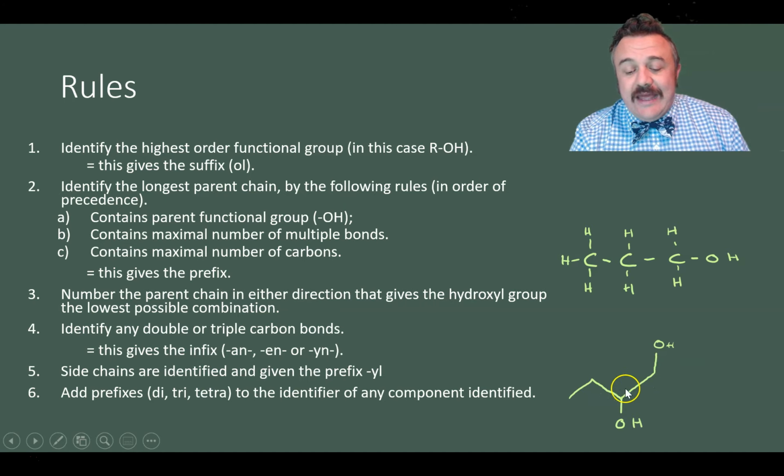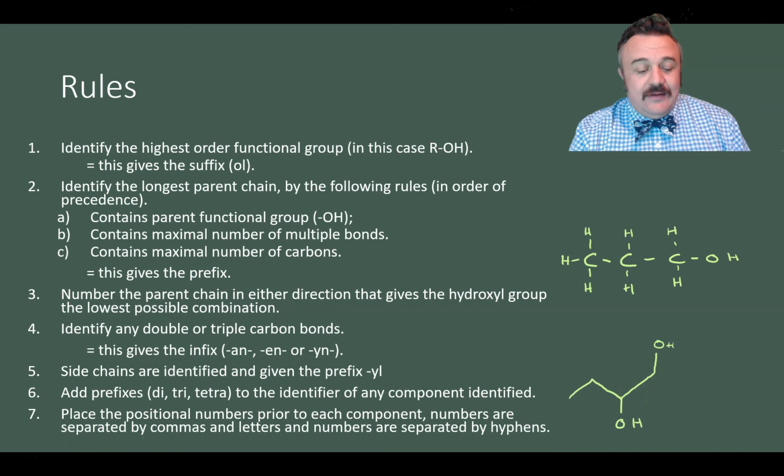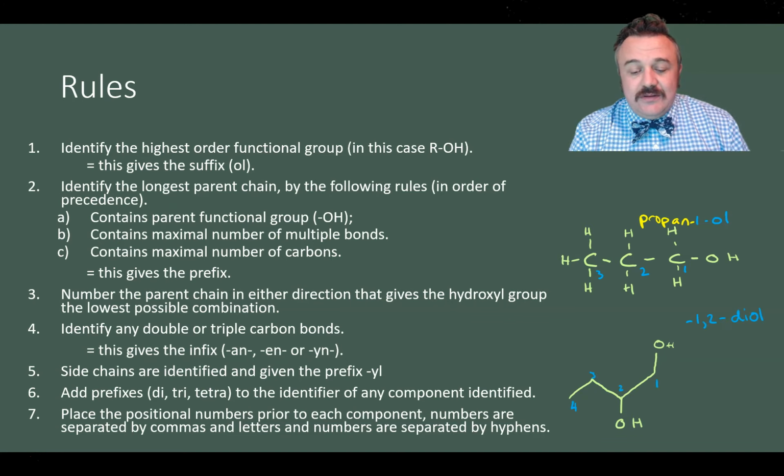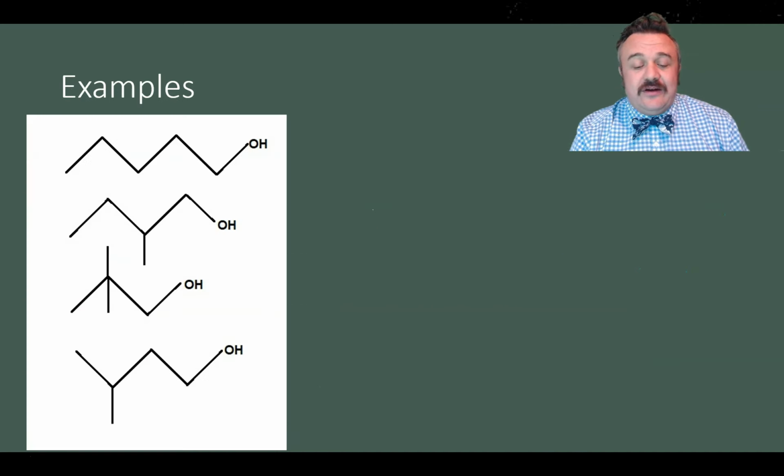So butane, because there's only single bonds. Butane 1, 2, diol. Okay, so that's how we would name that. And position numbers as always. So propan 1 ol, and butane 1, 2 diol.